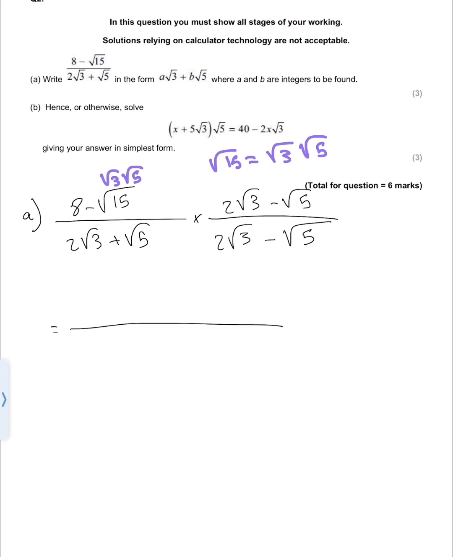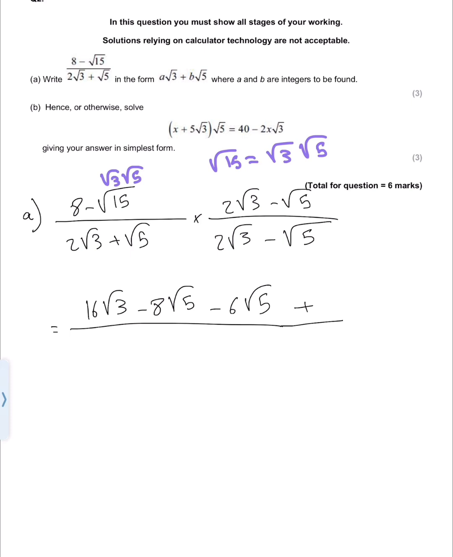8 by 2 root 3, which is 16 root 3, minus 8 root 5, and then minus, we have root 3 root 5 by 2 root 3. Root 3 by root 3 will give us 3 times 2 is 6 root 5, and the negative by negative is positive.